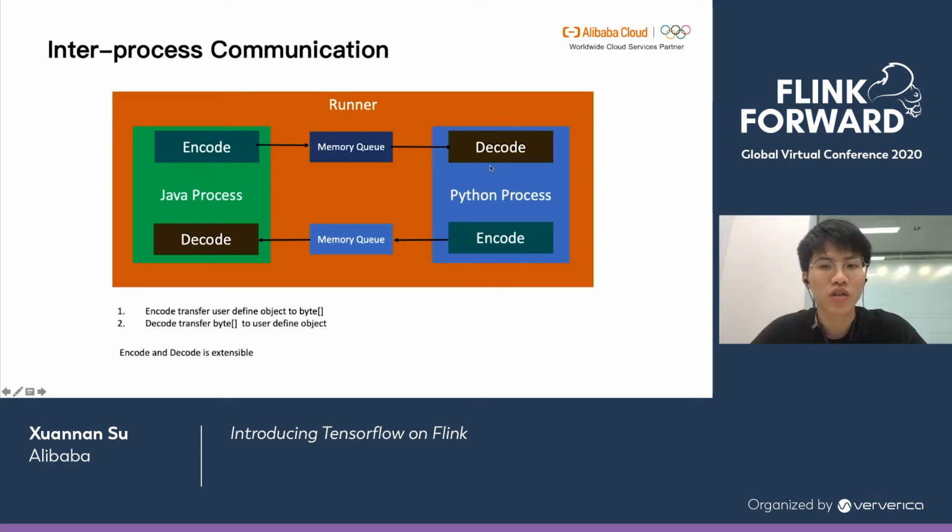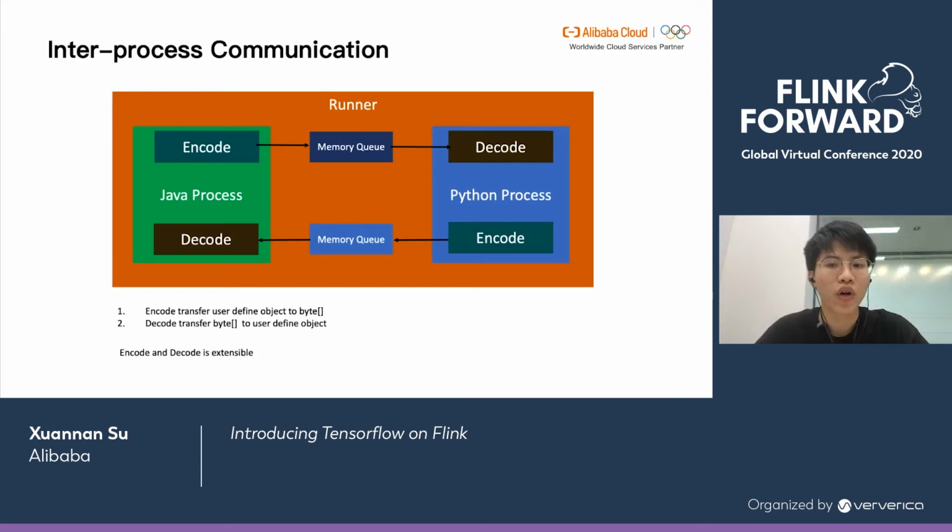The Python process will then read the data from the memory queue and decode it to a Python object that can be understood and used by TensorFlow. Sending data from the Python process to the Java process is the reverse, and it uses the same memory queue implementation.